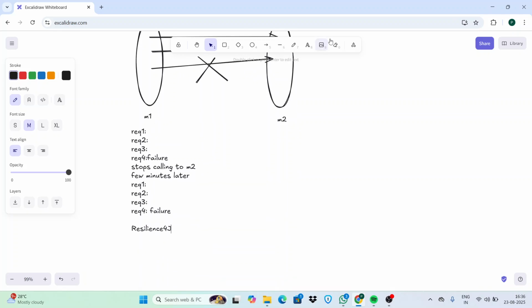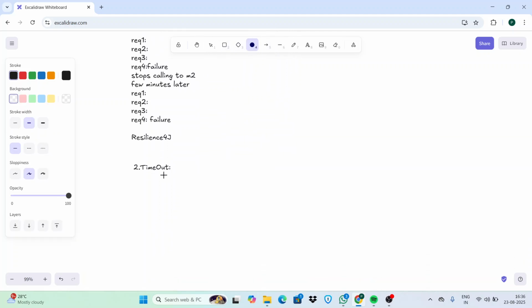Then the next fault tolerance mechanism is timeout. What is timeout? In the timeout, if a service takes too long to respond, don't wait forever, fail fast. This is the same as the circuit breaker, but somehow it is different.